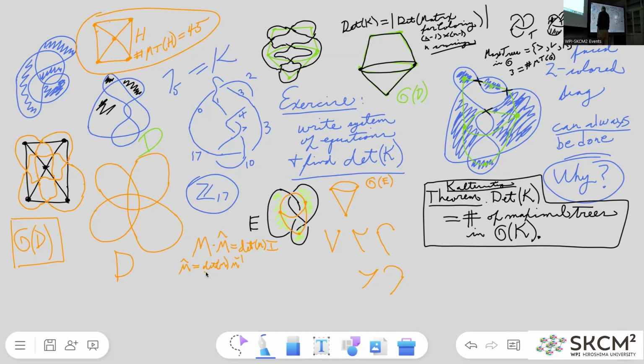And that's good for the computer, but it has integer entries when M does. When M has integer entries, the determinant of M times M inverse also has integer entries.